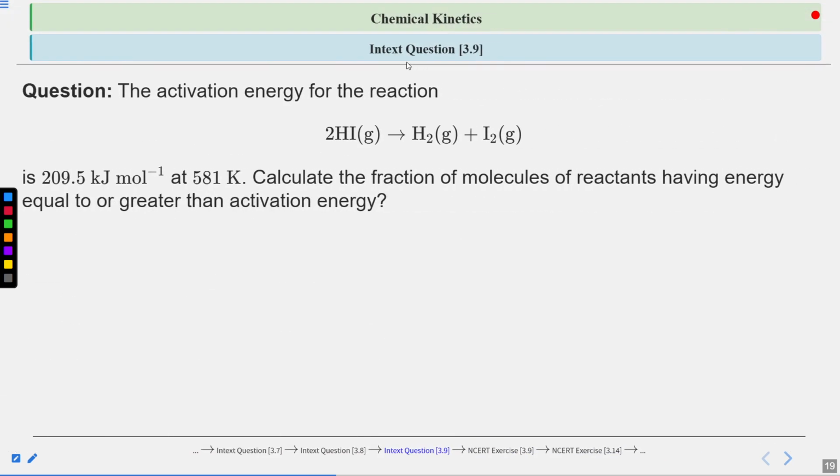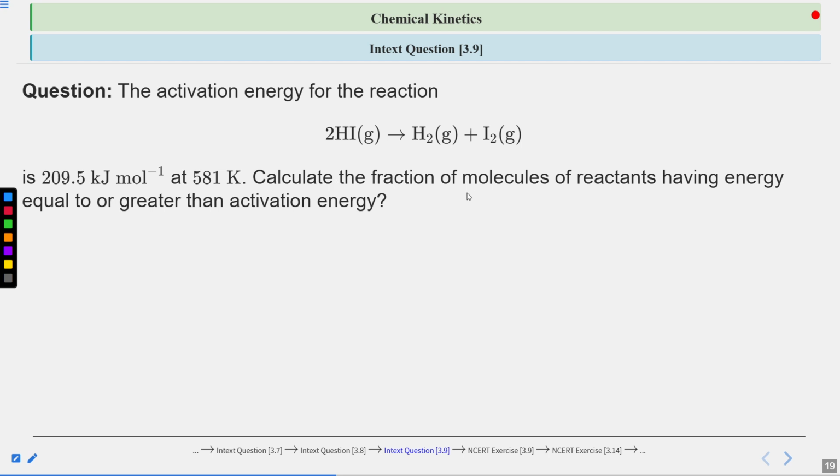Now let's see another in-text question, which is marked as 3.9. The activation energy for the reaction 2HI giving H2 plus I2 is 209.5 kilojoule per mole at 581 Kelvin.